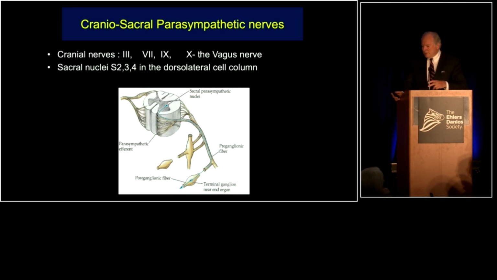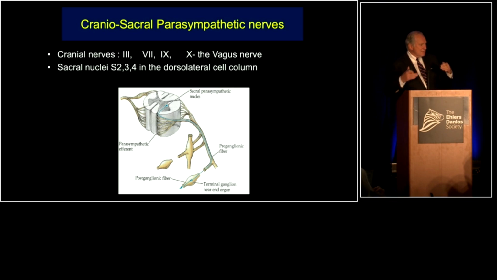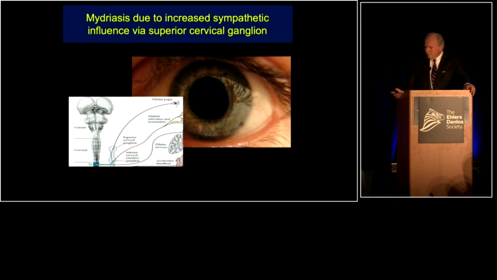Here, the craniosympathetic nerves, the cranial nerve 10, the vagus, but also cranial nerve 3, the oculomotor nerve, the facial nerve, and the glossopharyngeal nerve, and then the sacral nuclei at the base of the spinal cord. So the parasympathetics are always in balance with the sympathetics, to maintain a normal blood pressure and functioning of the body without you having to think about it.